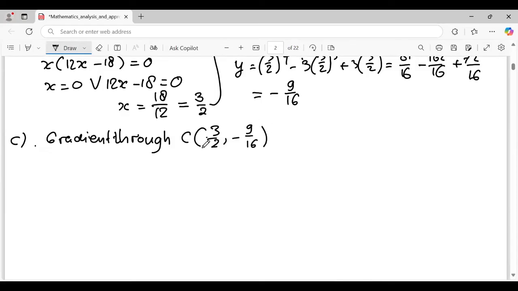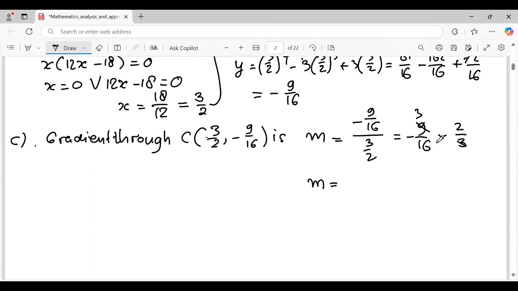The gradient through this coordinate point is m equals minus 9 over 16 over 3/2. So it means minus 9 over 16 times 2 over 3. So m equals, dividing this by 3 and this by 8, minus 3 over 8. This is the gradient.